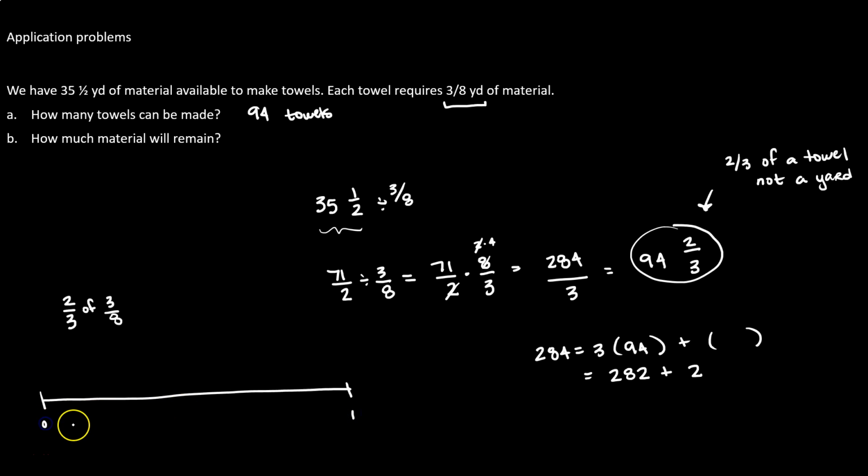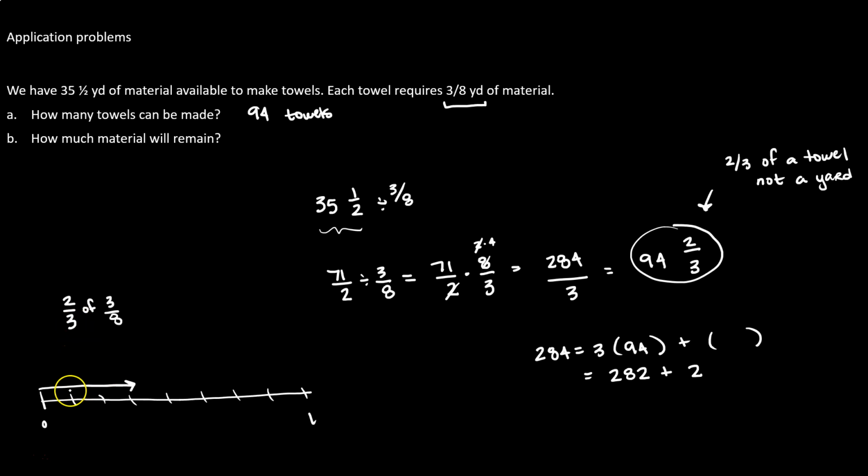If this is 0 to 1, I can divide it into eighths. Whoops, I'm going to move my 1 so that I actually have 8 pieces. 1, 2, 3, 4, 5, 6, 7, 8. Good. And then 3/8 only goes up this far. But we want 2/3 of that.